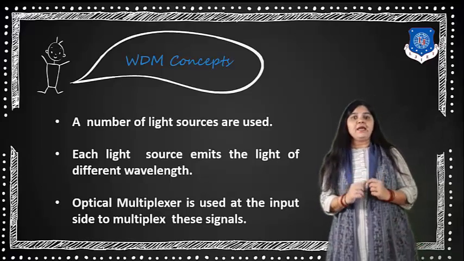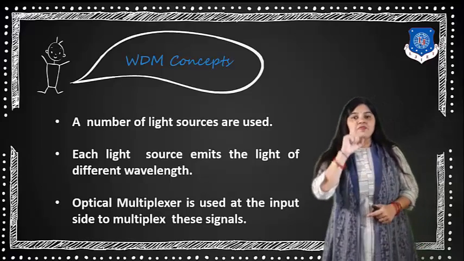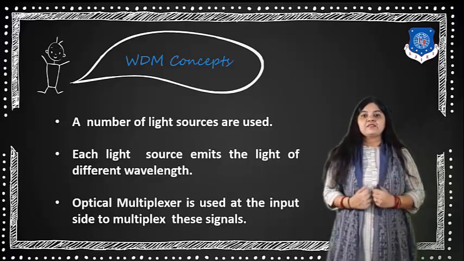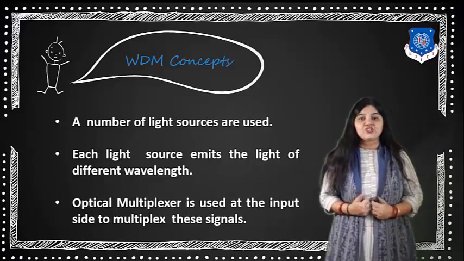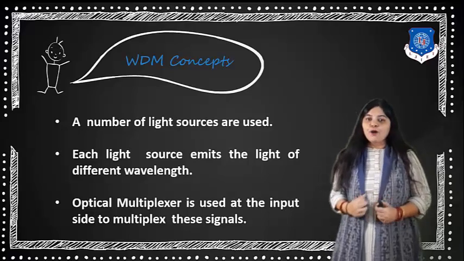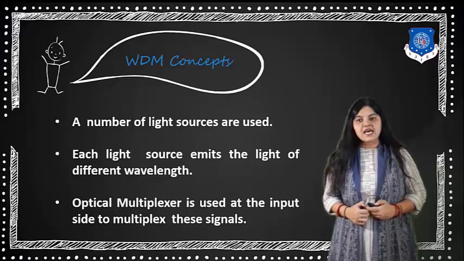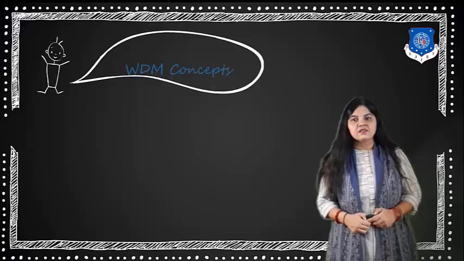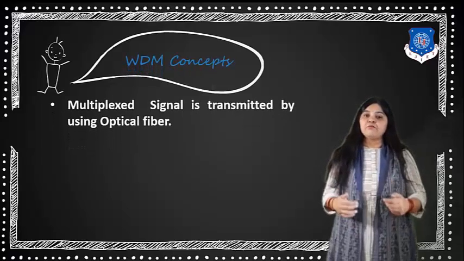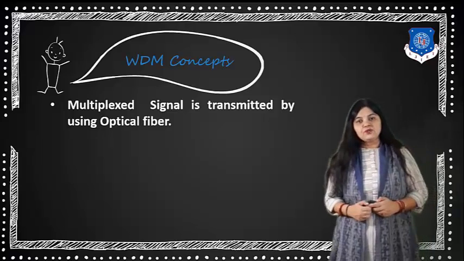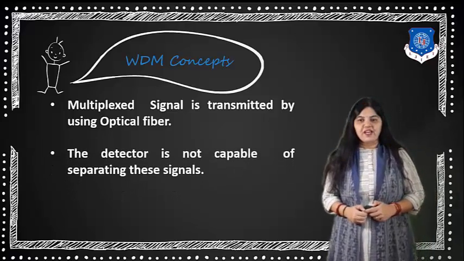In the WDM concept, a number of light sources are used. Each light source emits light of a different wavelength. An optical multiplexer is used at the input side to multiplex these signals, and the multiplexed signal is transmitted by using the optical fiber.